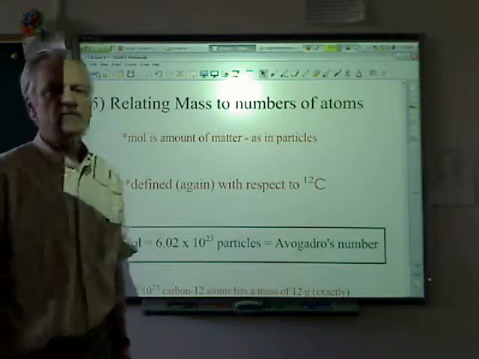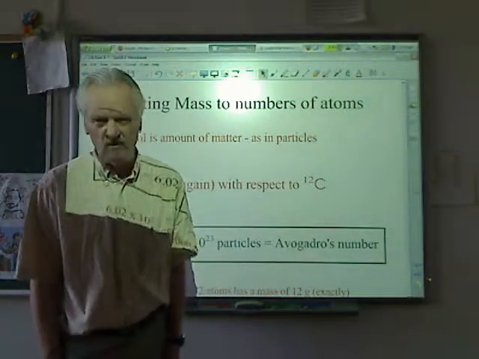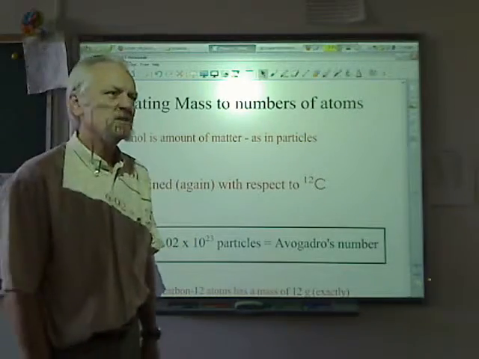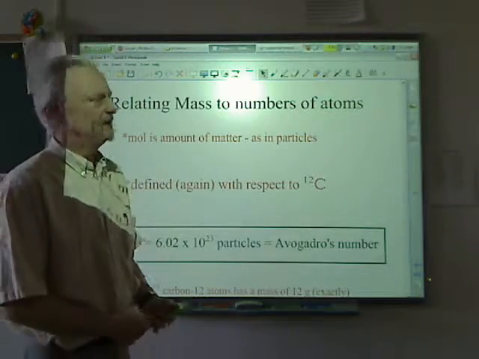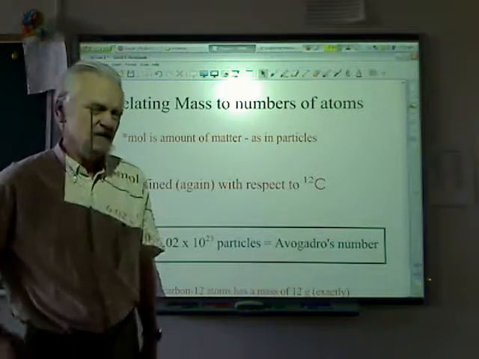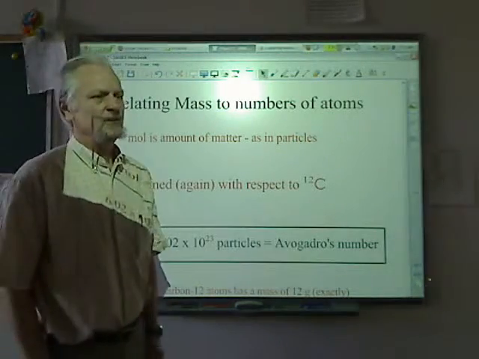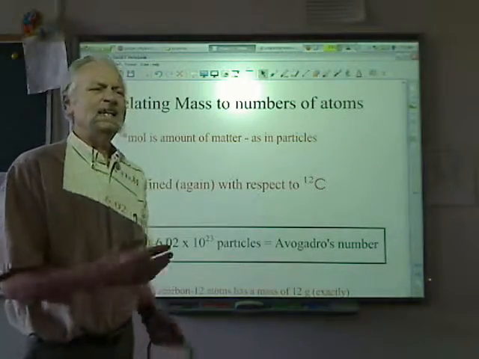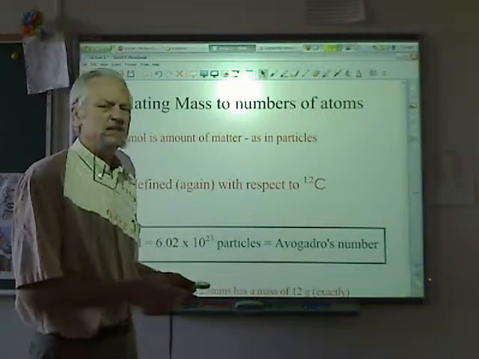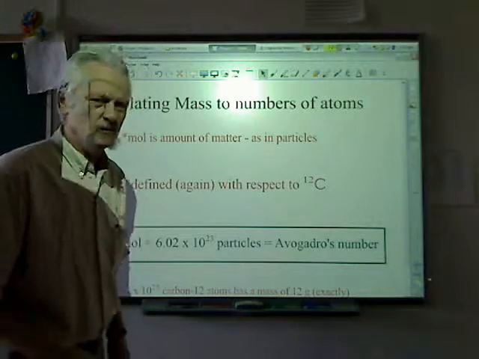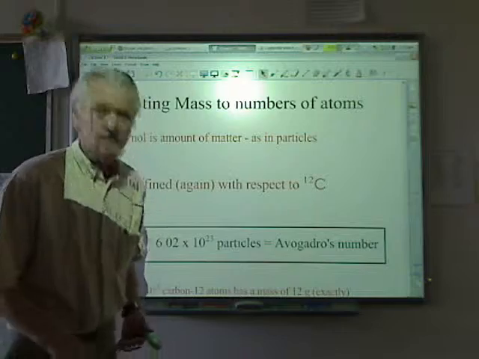The mole is probably the most fundamental concept in chemistry, in as much as it is the translator between the average atomic mass in AMU and the mass in grams. If you think about it, once we defined the element that we're going to use for our standard, only one number of particles would make that average atomic mass in AMU equal to the atomic mass in grams, and that, ladies and gentlemen, is the mole.